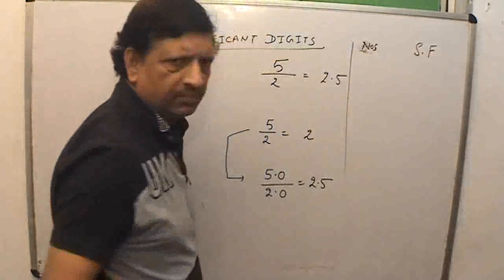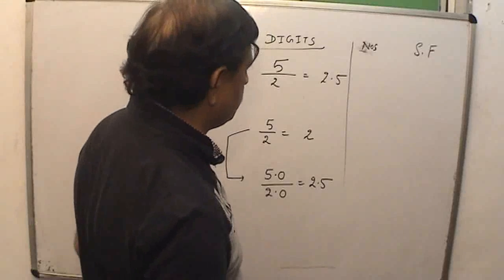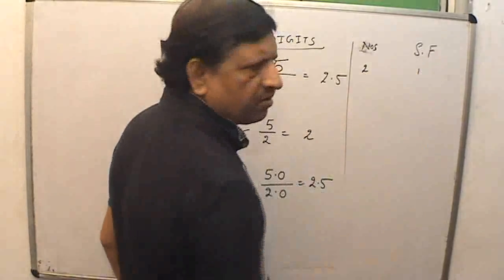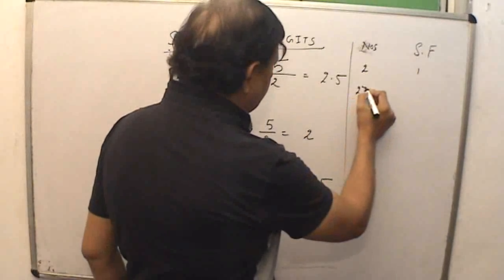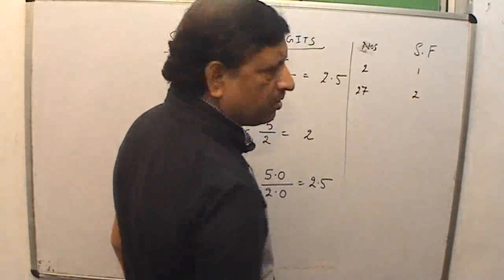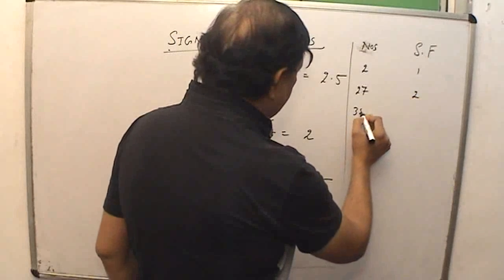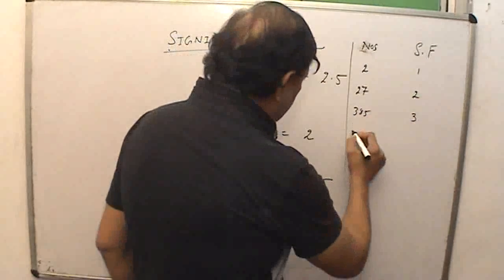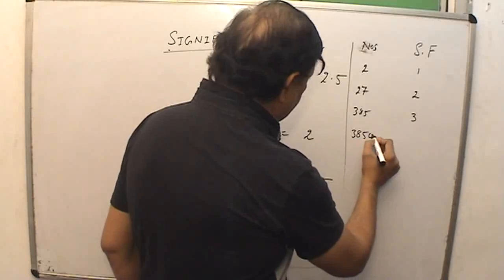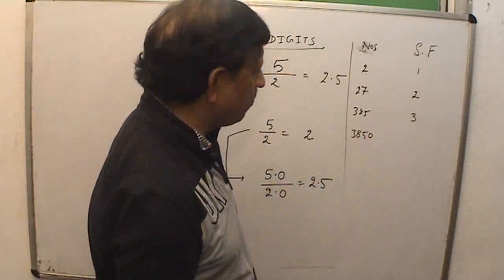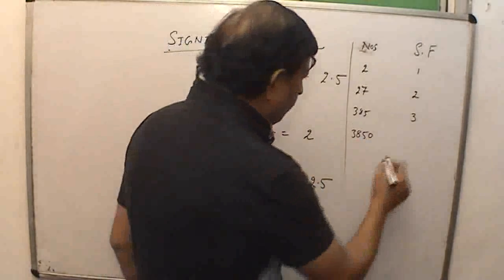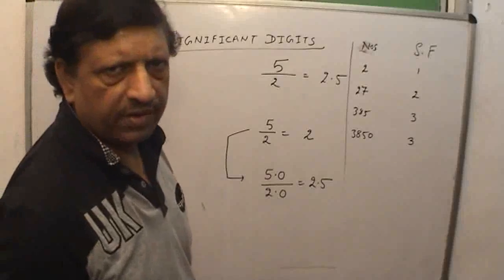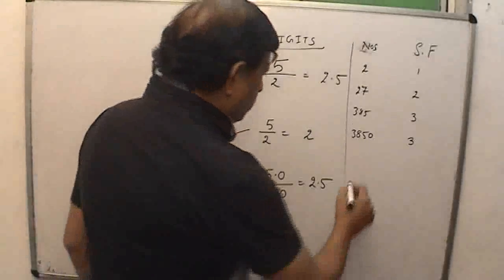Simply, how does it count? Number 2 has significant digit 1. 27, significant digits 2. 385, significant figures 3. Now 3850, that's the problem. We count 4 digits, but in significant language we say there are 3 significant digits.